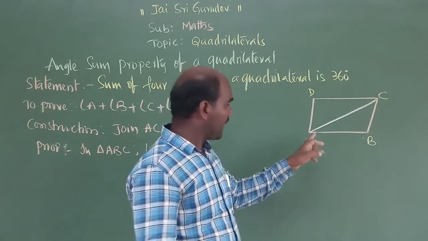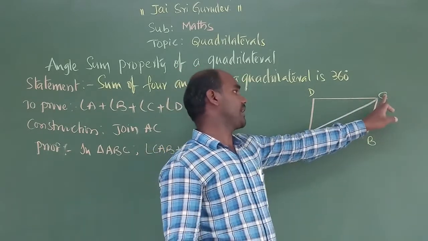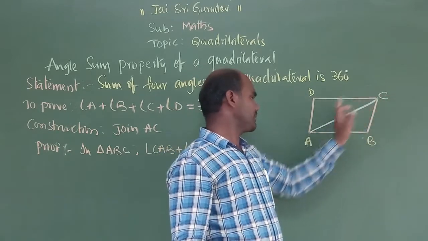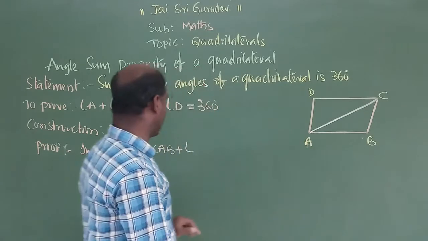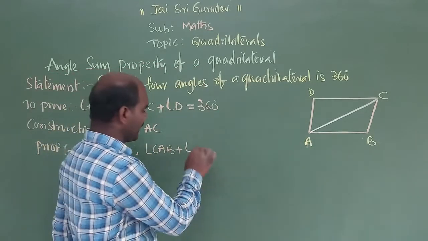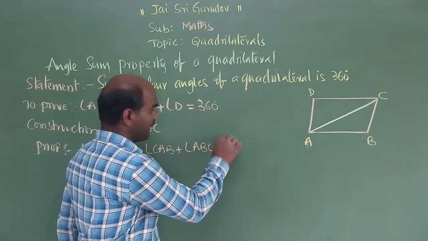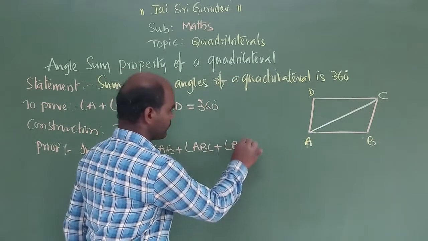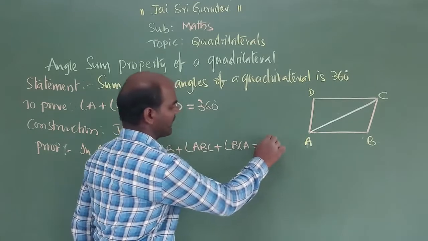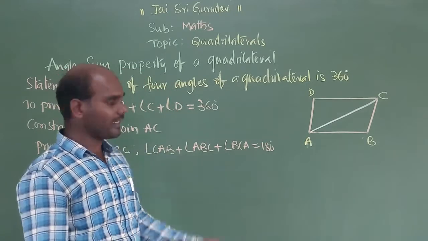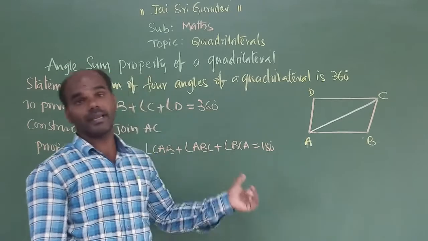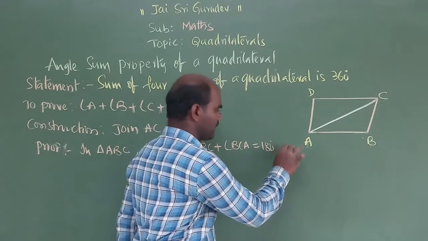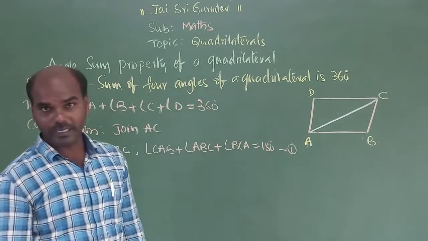In this triangle ABC, angle CAB plus angle ABC plus angle BCA is equal to 180 degrees. Yes or no, children? The sum of the three angles of a triangle is 180 degrees. So that is equation 1, which you have to consider.